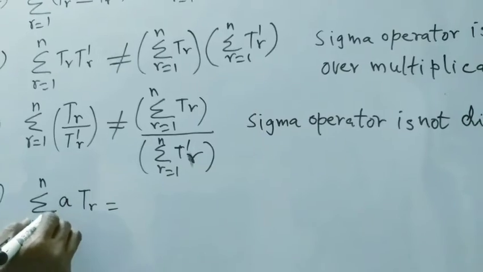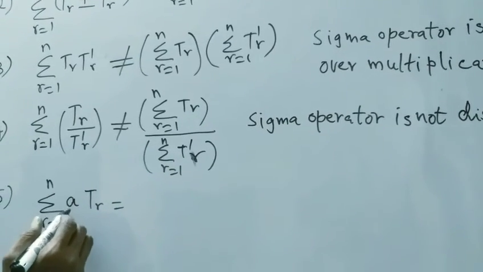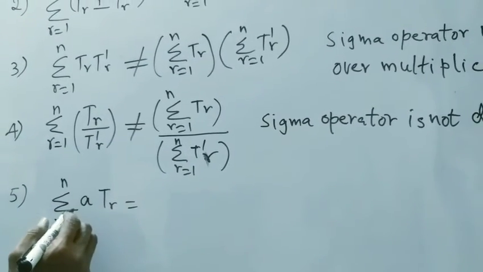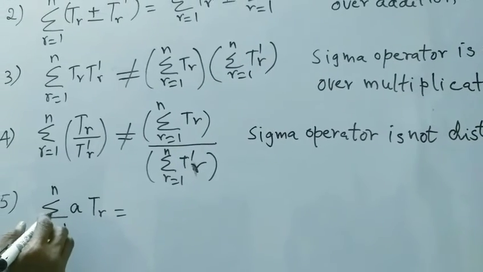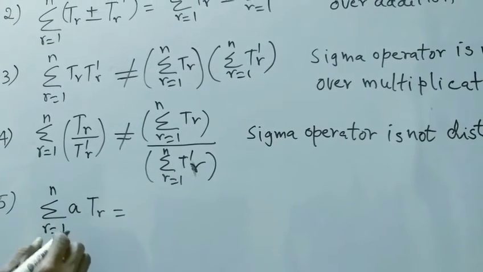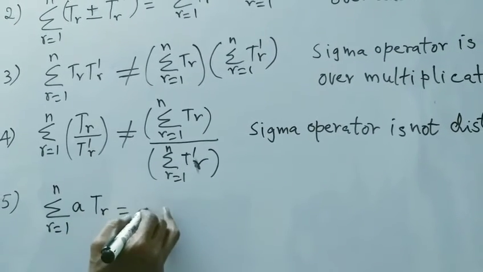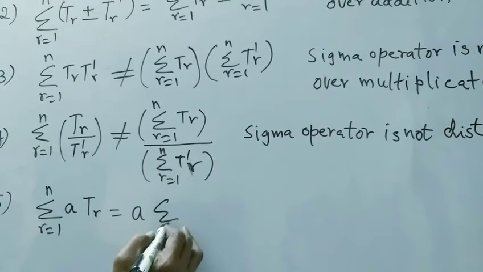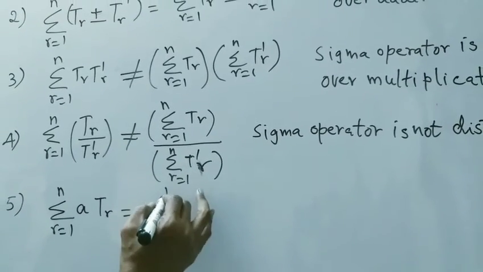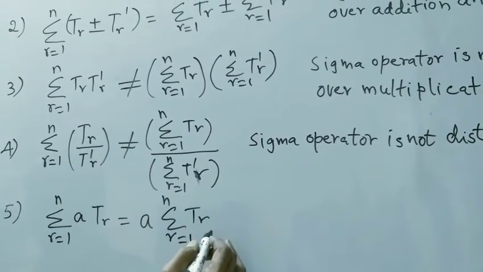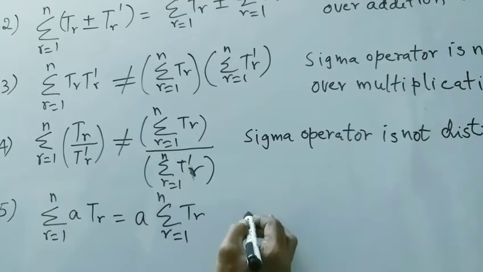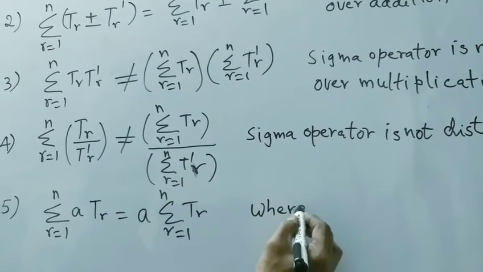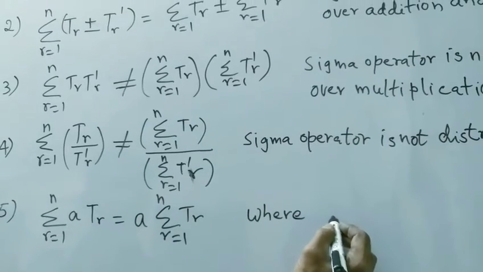So here, a is the constant, so we can take the constant term before the summation. That means a into sigma r is equal to 1 to n tr, where a is constant.